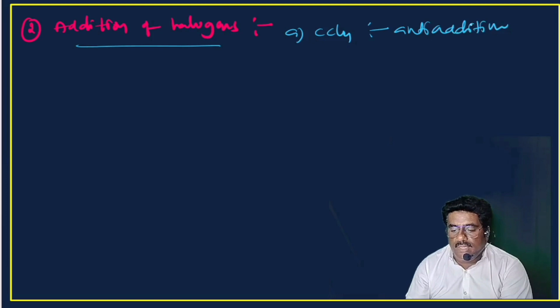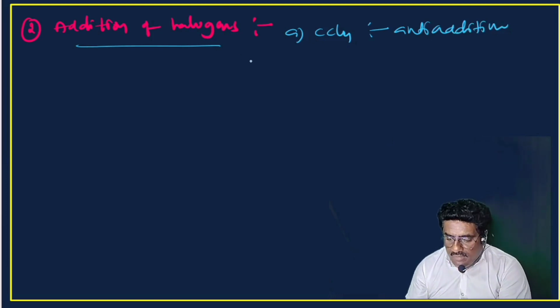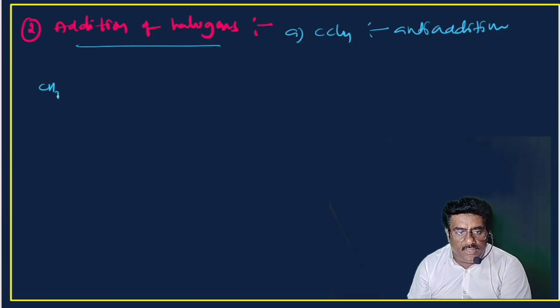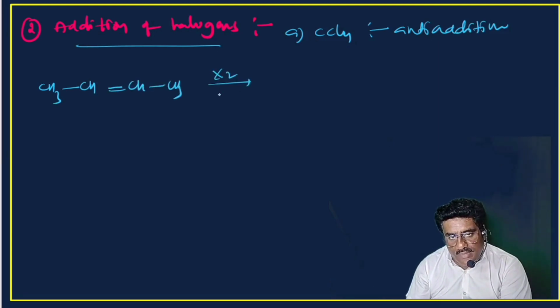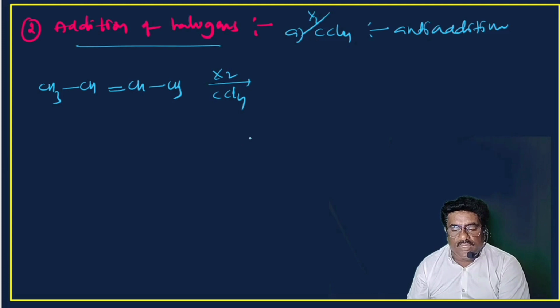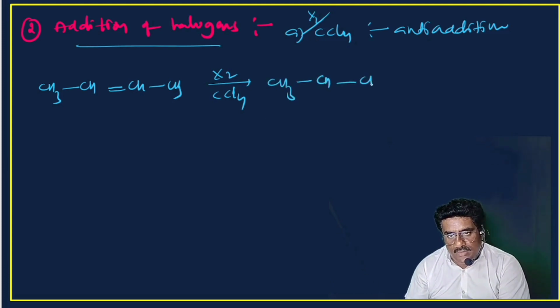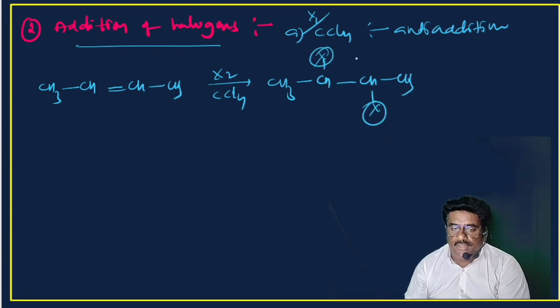I am writing one example: CH3CH=CHCH3 in presence of X2 in carbon tetrachloride gives CH3CH(X)CH(X)CH3. Anti-addition means opposite addition.